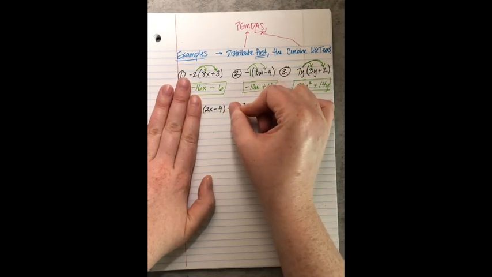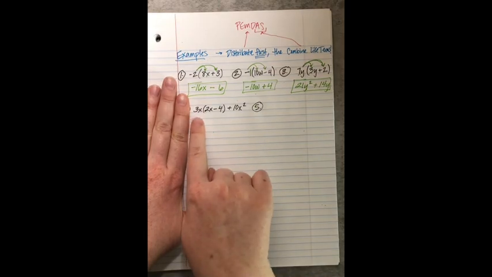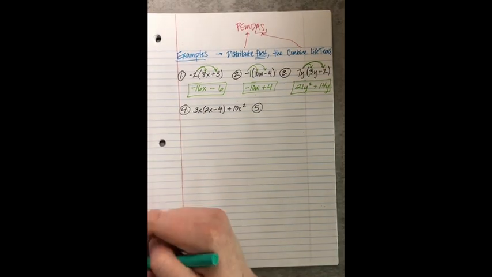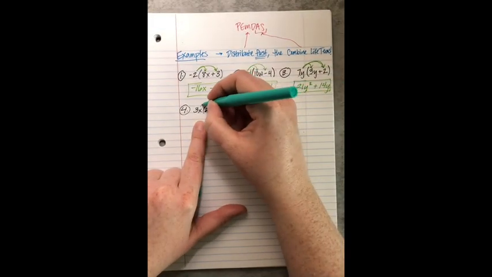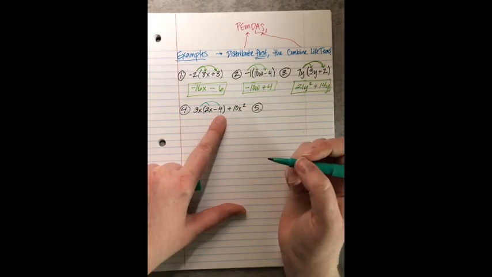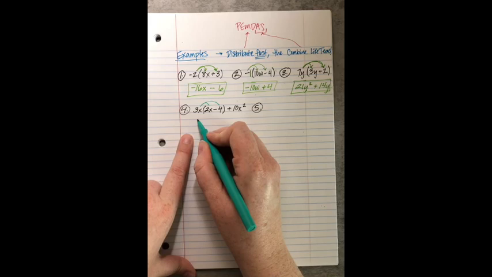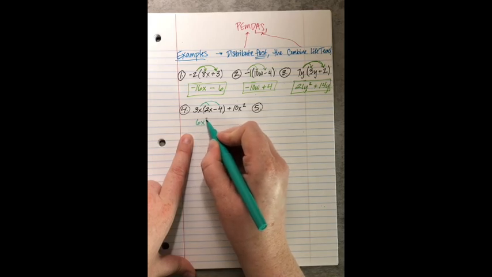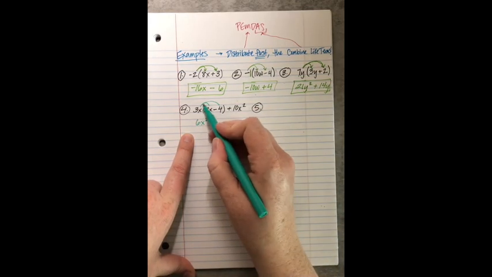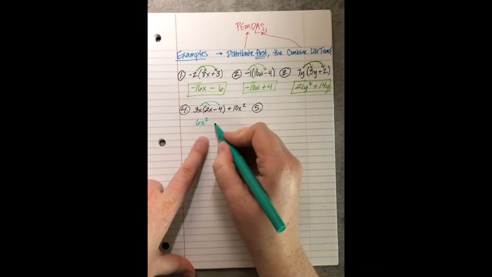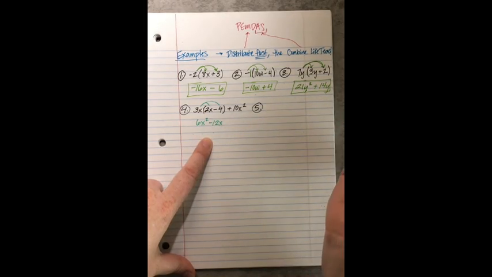That is possible. A lot of times it's out front though. And in this case, it's out front. So we're going to distribute the 3x to the 2x and the negative 4. 3x times 2x is 6x squared. 3x times negative 4 is negative 12x.